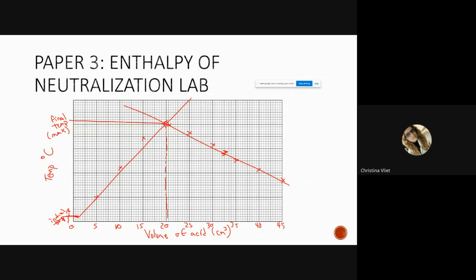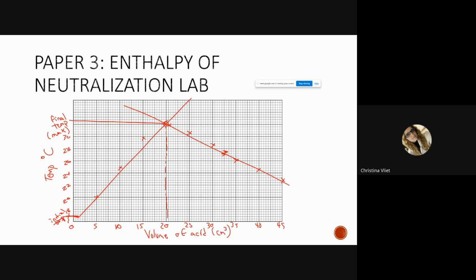They'll tell you in the lab that you need to choose your scale in such a way that your final temperature on the graph is 2 degrees greater at least than the one you get when you do your measurements. So I can't tell you the exact numbers, but you need to pick some kind of suitable scale. So it could be something like 18, 20, 22, 24, 26, 28, 30. I don't know what the maximum temperature is. So like I said, we have to first know what that is before we choose our increments.